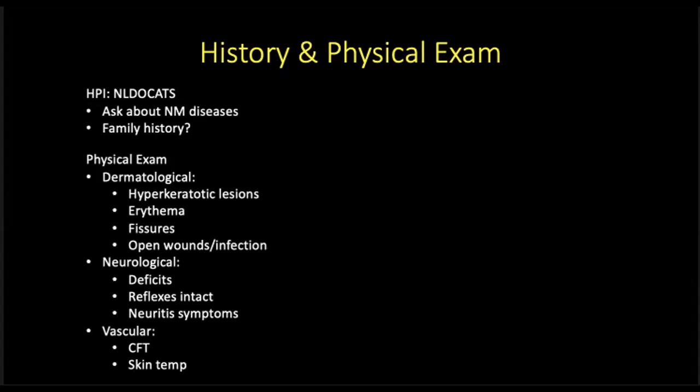These are all clues for what you need to address. Again, neurologically, are there any deficits? Are the reflexes intact? Are there any signs of neuropathy or neuritis? Obviously, you do not want to operate on a patient that doesn't have a great vascular system, so that's also something you need to look at.